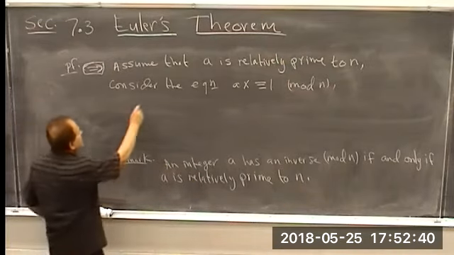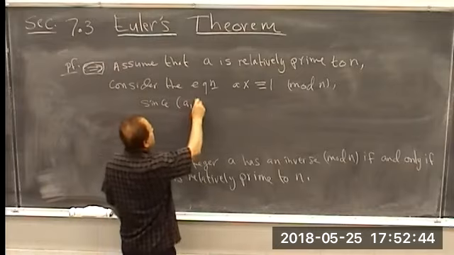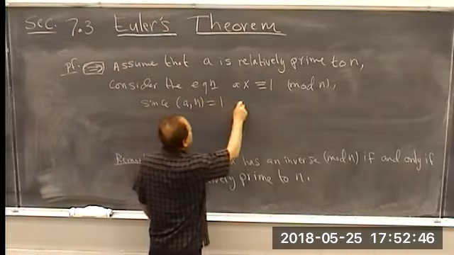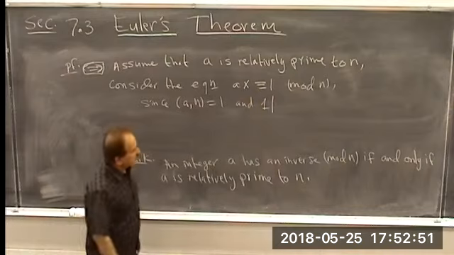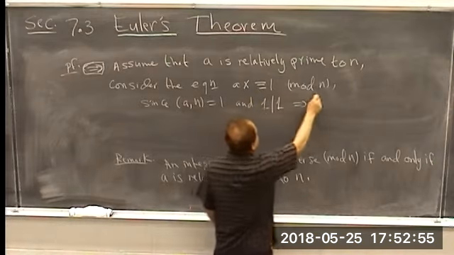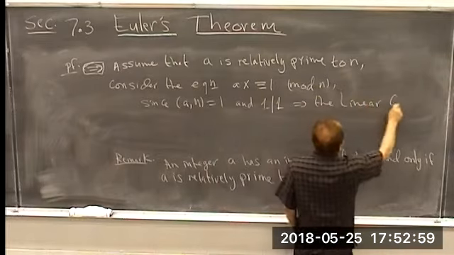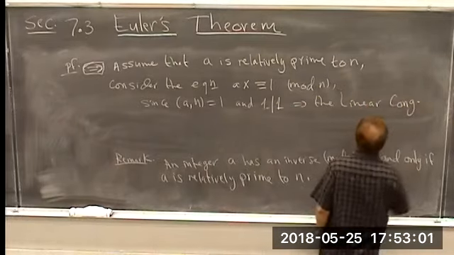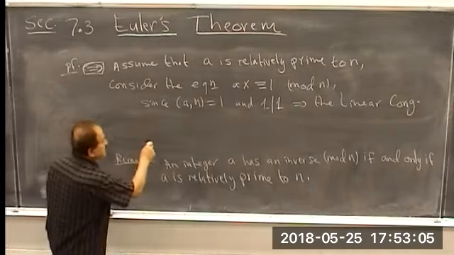Since the greatest common divisor of a and n is equal to 1, and 1 divides the right-hand side of the congruence, which is 1, this implies that the linear congruence equation has a unique solution.